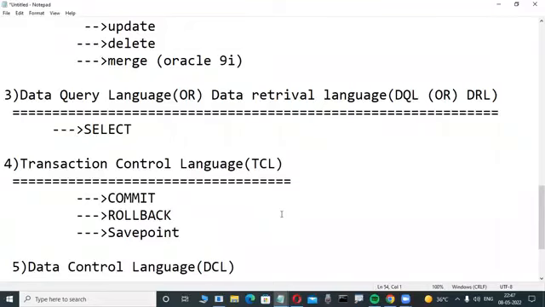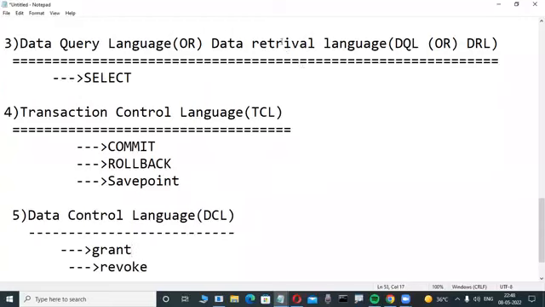Through this, it is easily understandable what is going on. Your Transaction Control Language, TCL: commit, rollback, savepoint. Again, Data Control Language, DCL: grant and revoke. Okay? Up to this is enough.